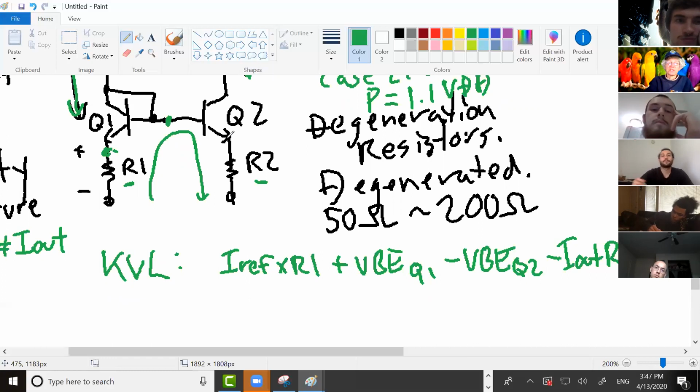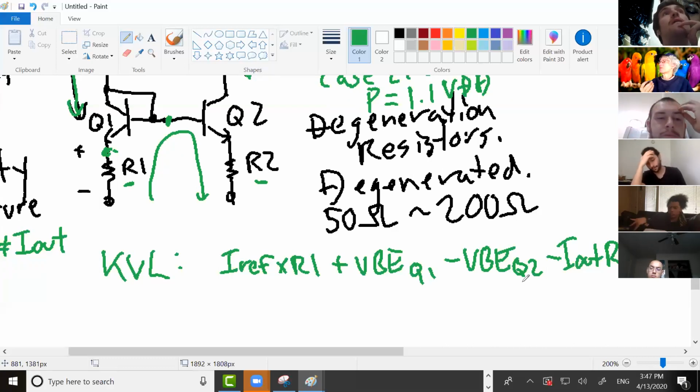For the same reason, right now in my KVL loop, different values of R1 and R2 are going to change the emitter voltage, and now your VBEs are going to change. So R1 and R2 are changing that VBE, which changes the current a whole bunch. So just using VBE on as an approximation doesn't really work here.